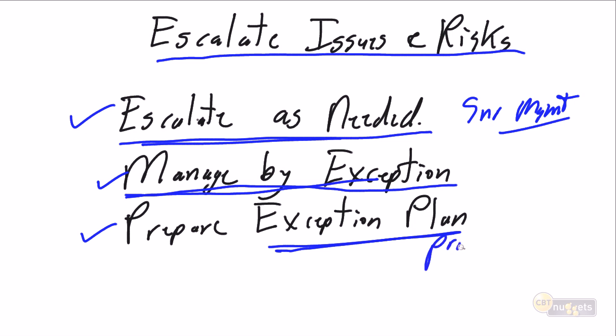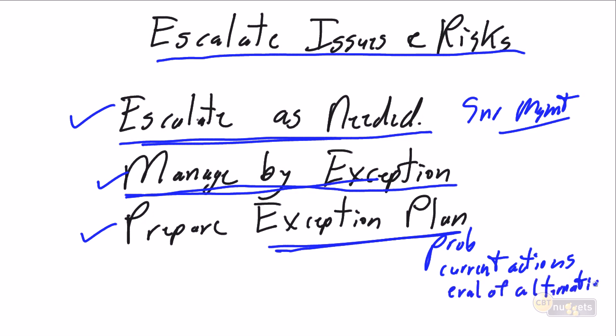Here's my problem. Here are my current actions. Here's what I've tried to do within my power and authority to deal with these issues and risks. Here is my evaluation of alternatives. Here's my recommendation.